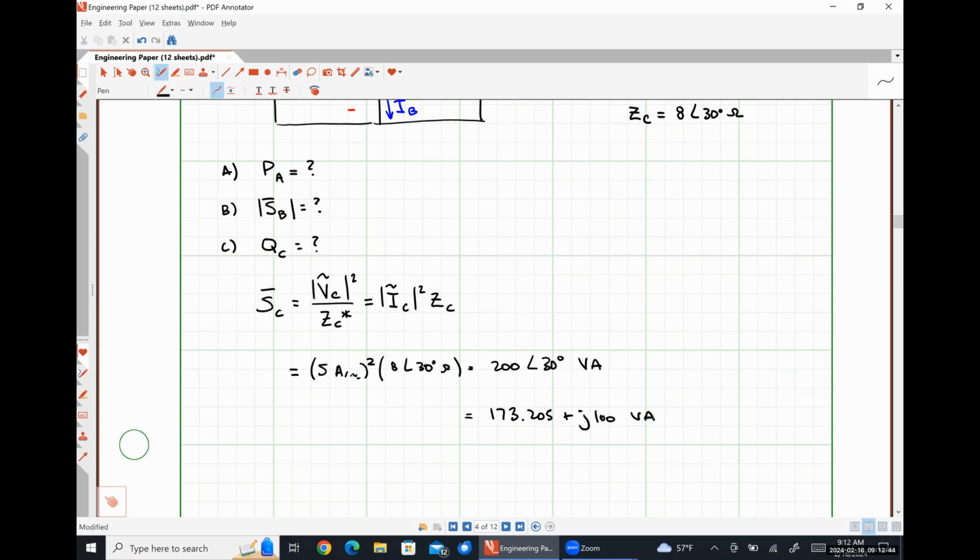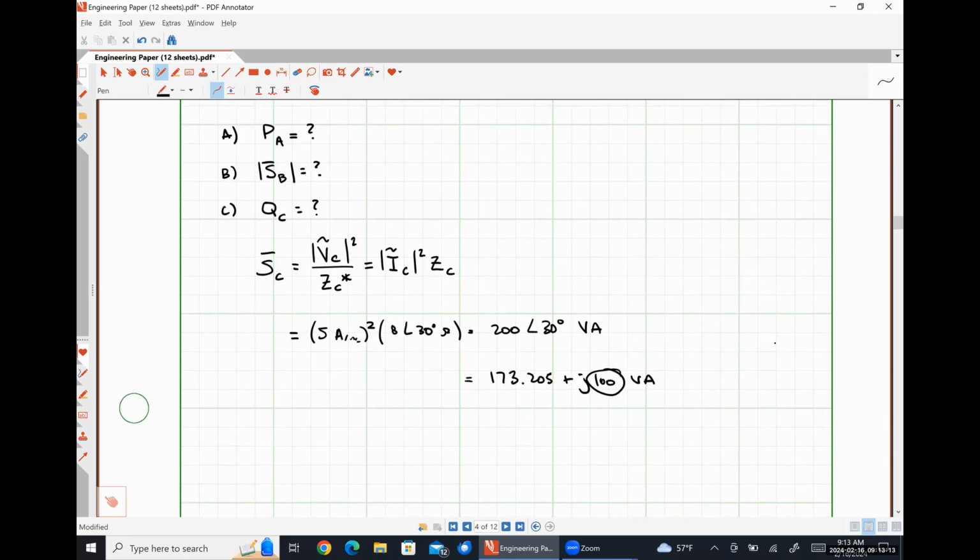We're asked to find the reactive power. So what is it? So the 100 part is right, but it won't be VA because reactive power is measured in VARs. So it'll be 100 VAR. So it's just this number.